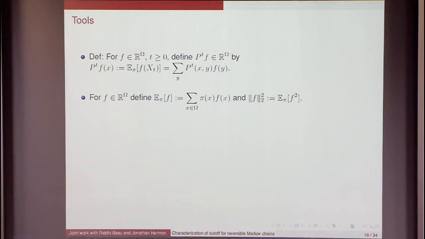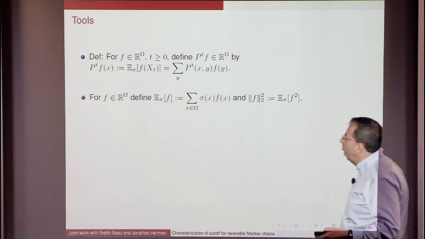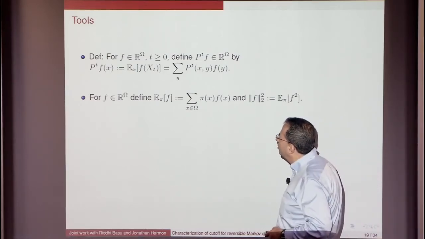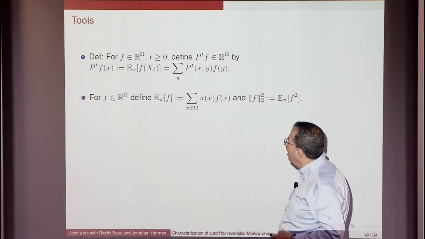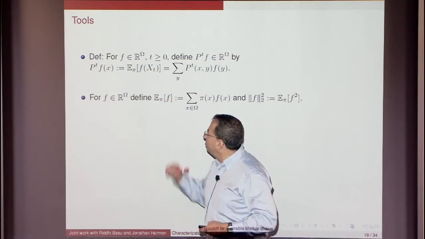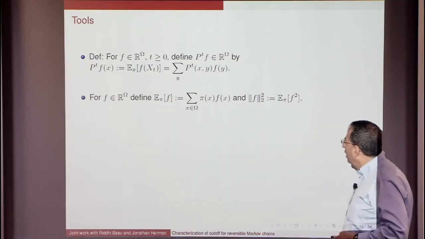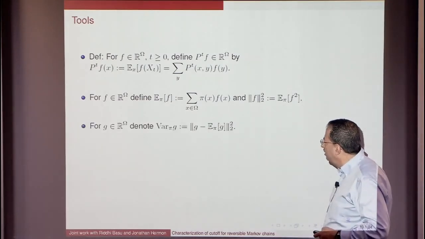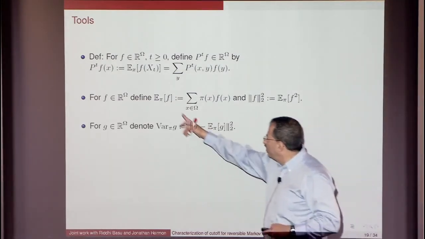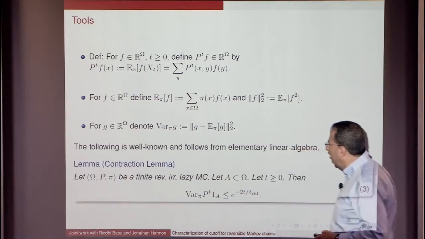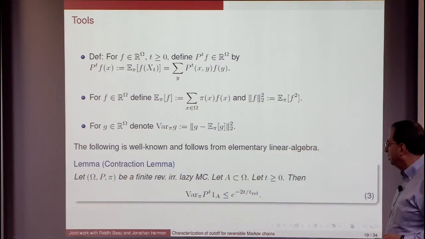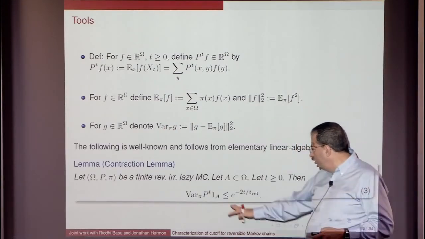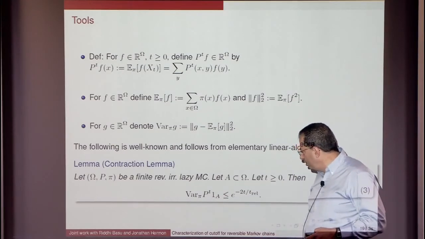So here's, again, notation. P is a matrix, so you can think of it as an operator on functions. So P to the t f is just the expectation of f t steps into the future. And then we have E with respect to pi, variance with respect to pi are going to come in. Okay, so this is one standard thing I just write down for notation.